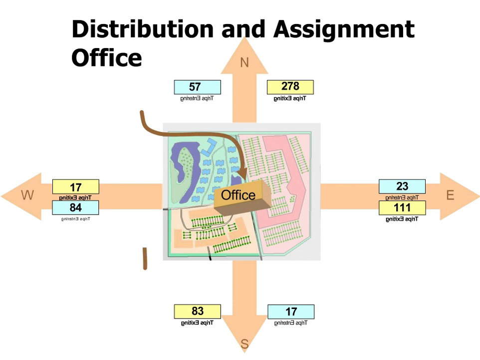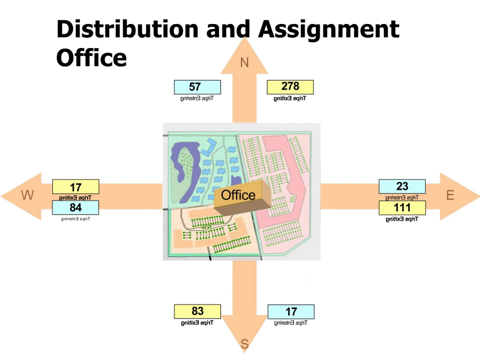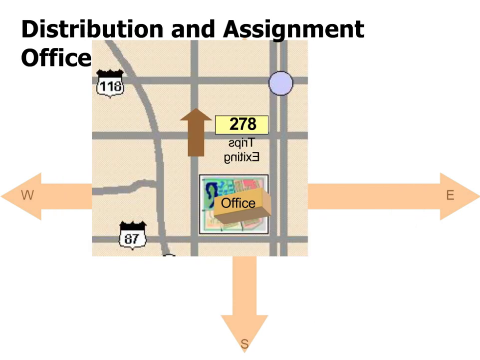Now, we are just going to take one of these. This is just the office. And there's no easy way around it. There's a lot of manual work and keeping the numbers straight in a spreadsheet. We're going to look at these 278 exiting trips from the office.